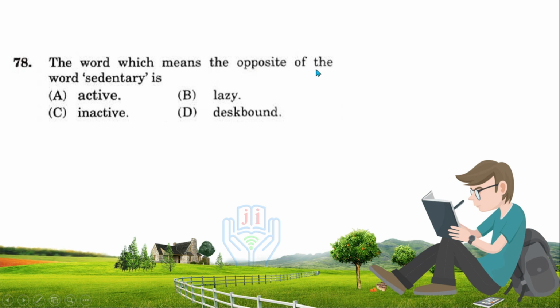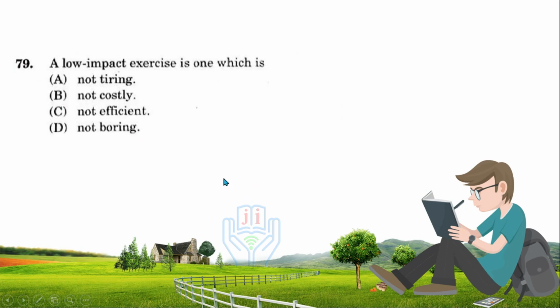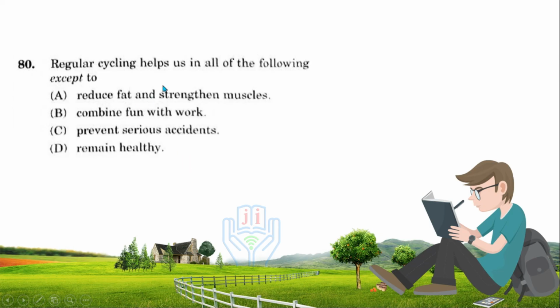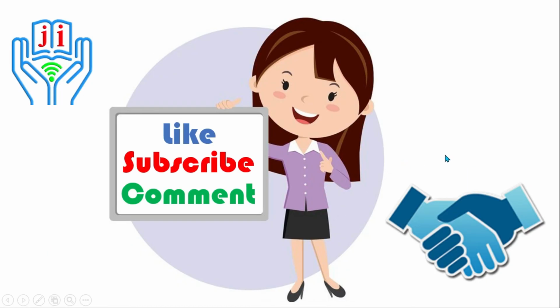The word which means the opposite of sedentary is active. A low impact exercise is one which is not tiring. Regular cycling helps us in all the following except to prevent serious accident.